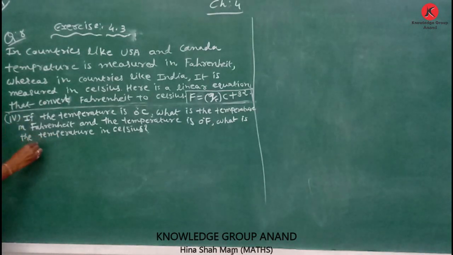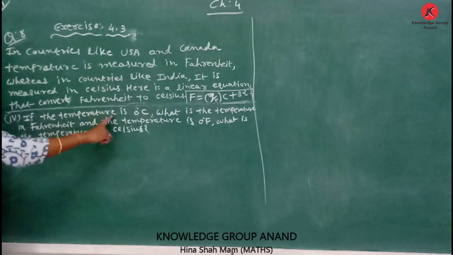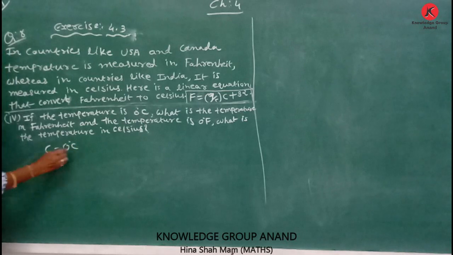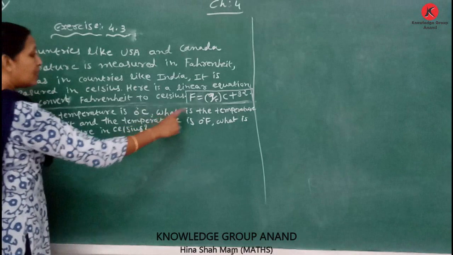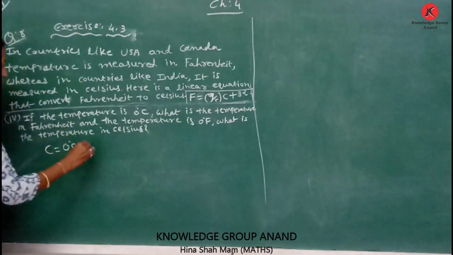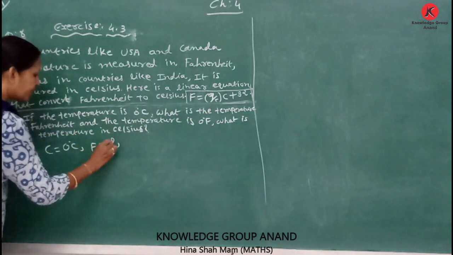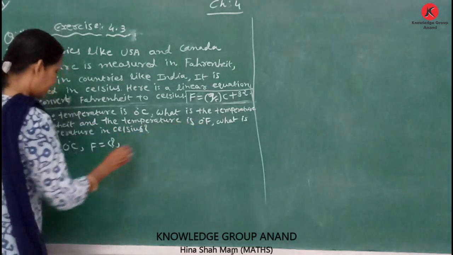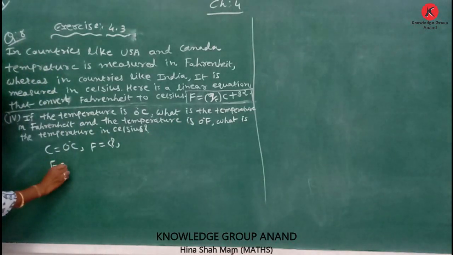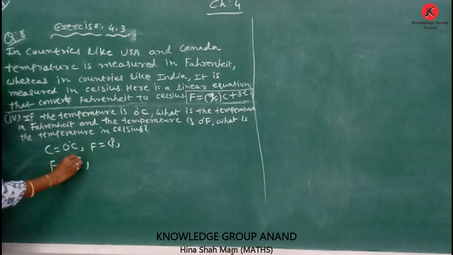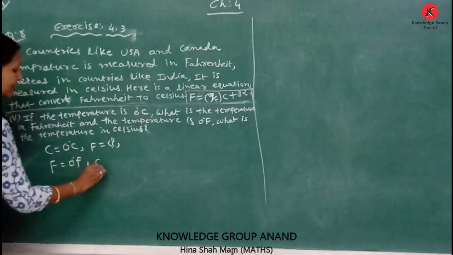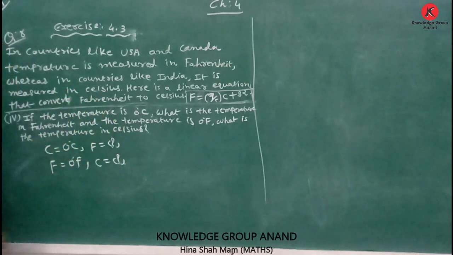Here we find two answers. In the first, C is equal to 0 degrees Celsius and we find Fahrenheit. In the second, Fahrenheit is equal to 0 degrees Fahrenheit and we find C.